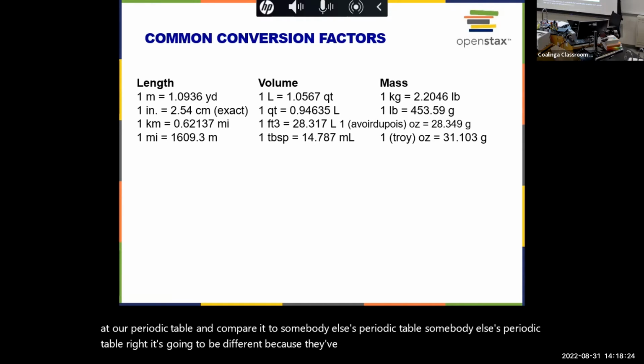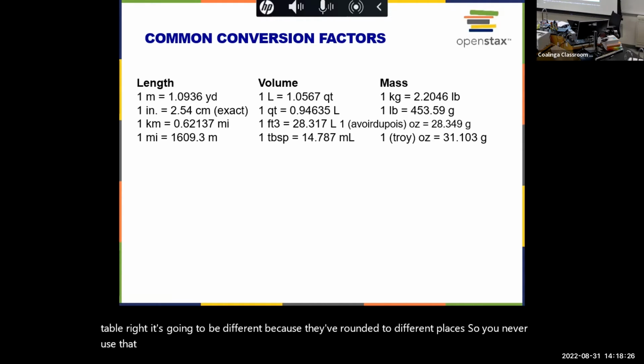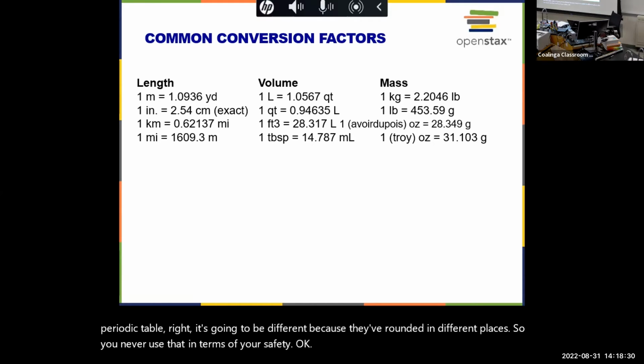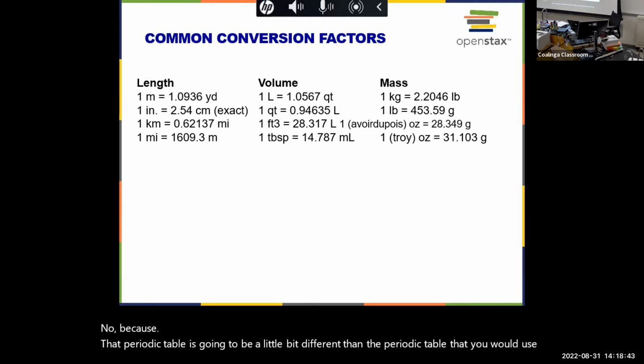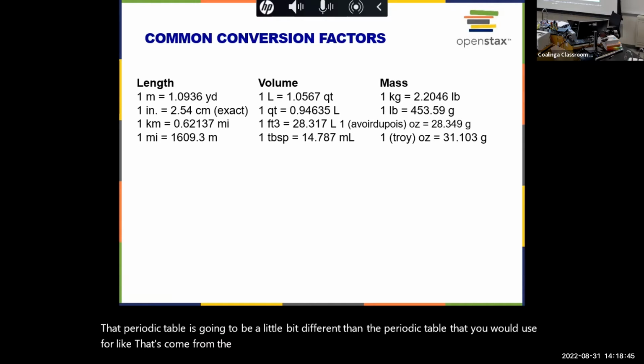So you never use that in terms of your significance. Okay. Questions? No, because that periodic table is going to be a little bit different than the periodic table that you would use for, like, the one that comes from the army, right? Because the person that made those periodic tables rounded.